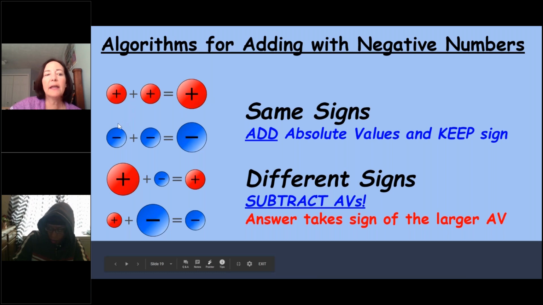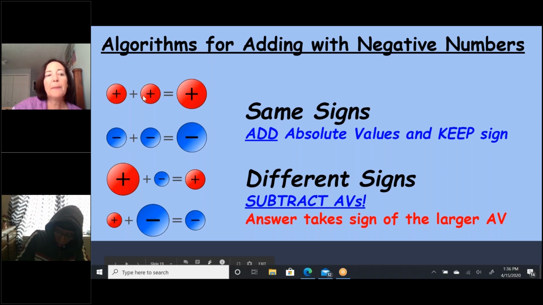When we're adding numbers that have the same sign, it might be 2 positives, it might be 2 negatives, we just add the absolute values, and we keep the same sign. So a positive plus a positive will have a positive answer, and a negative plus a negative is always going to have a negative answer.